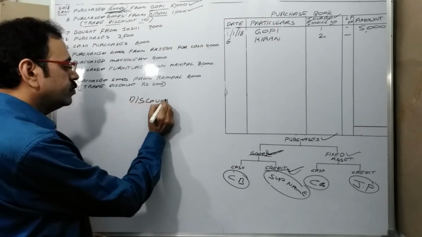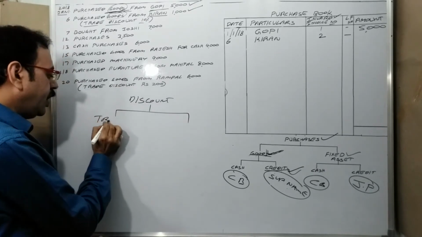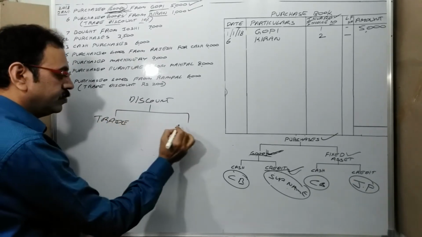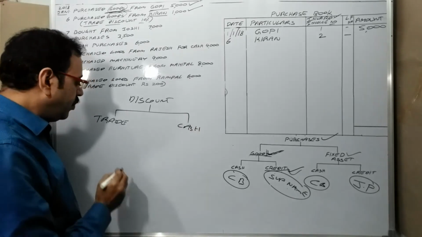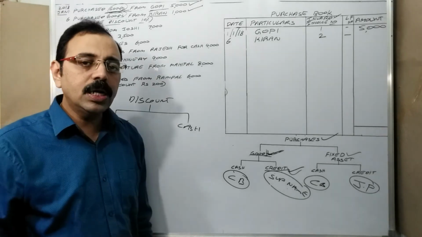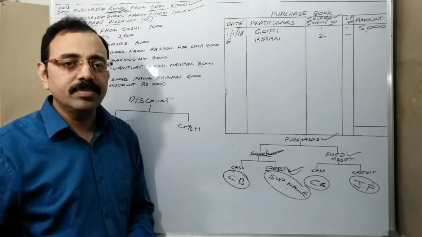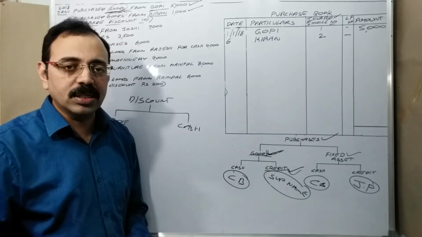Discount is of two types. Trade discount, cash discount. Trade discount means what? In commerce, you have learned the meaning of trade. Trade means what? Exchange of goods and services.